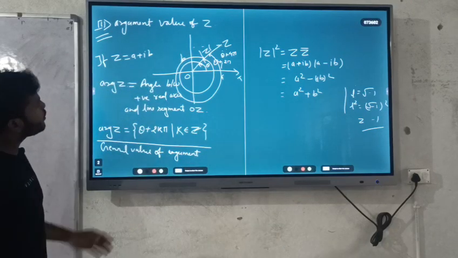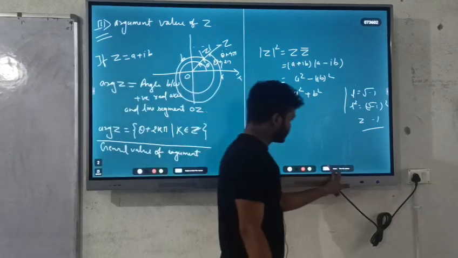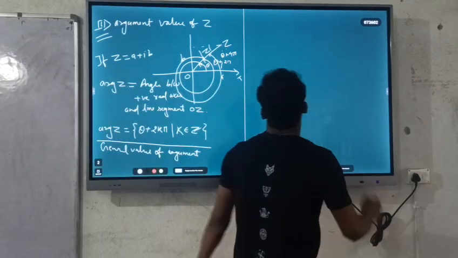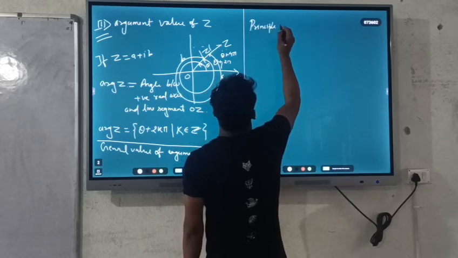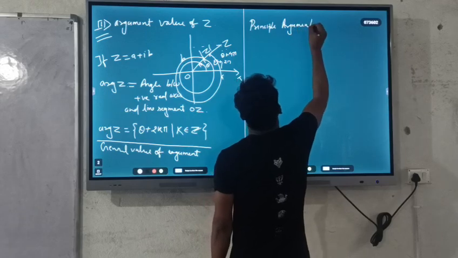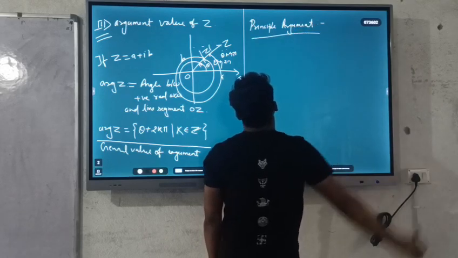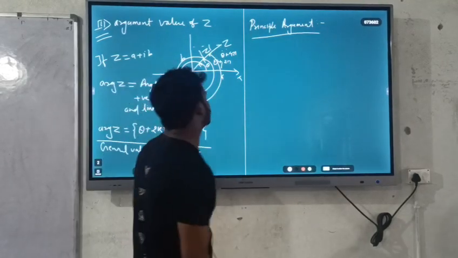What if I want to find the unique theta? Then we talk about the principal argument. So principal argument is the same as the argument value, with only one difference. What is that?